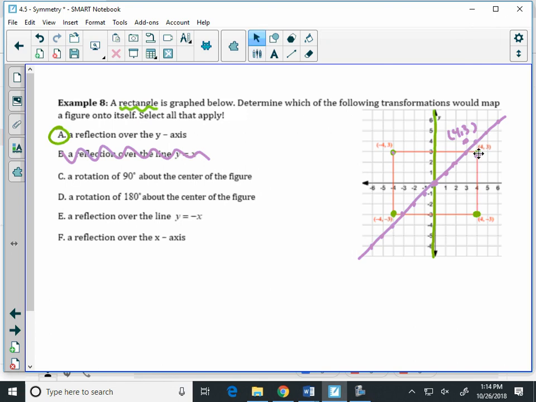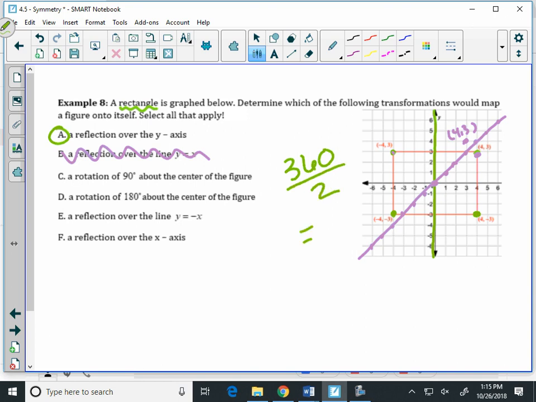Okay? If we take a look at C, it says a rotation of 90 degrees about the center of the figure. Well, when it's talking about a rotation, you have to figure out, well, what's my angle of rotation? And we said we can rotate a rectangle 2 times, and it will map up onto itself. That's the order. So we just do 360 divided by 2.